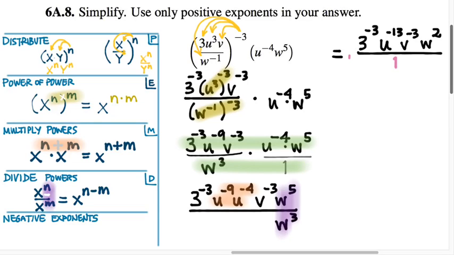What is the general principle by which we can turn a negative exponent into a positive one instead? What do we have to do? What's the trade-off? One of the ways to understand how to make a negative exponent into a positive exponent is to think about what it would take in this fraction to cancel out the u to the minus 13, for example, up here on the top.